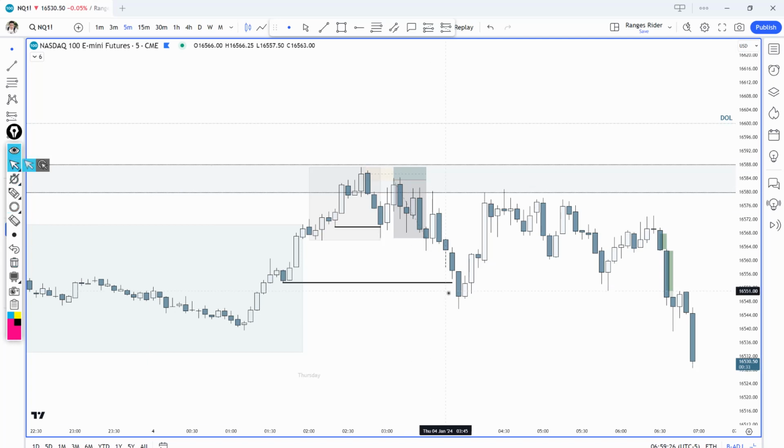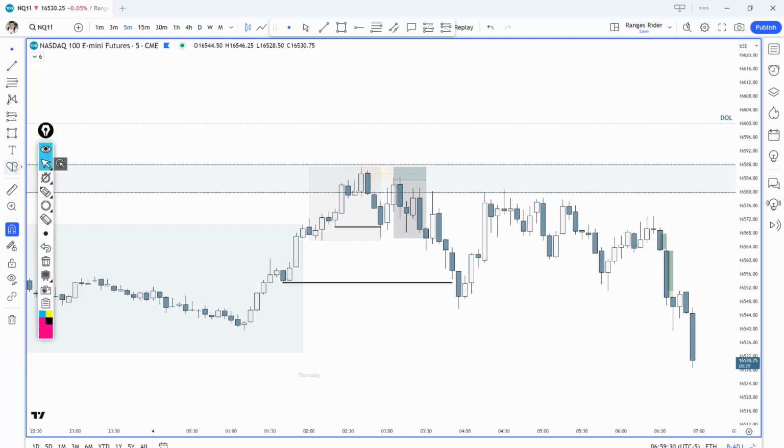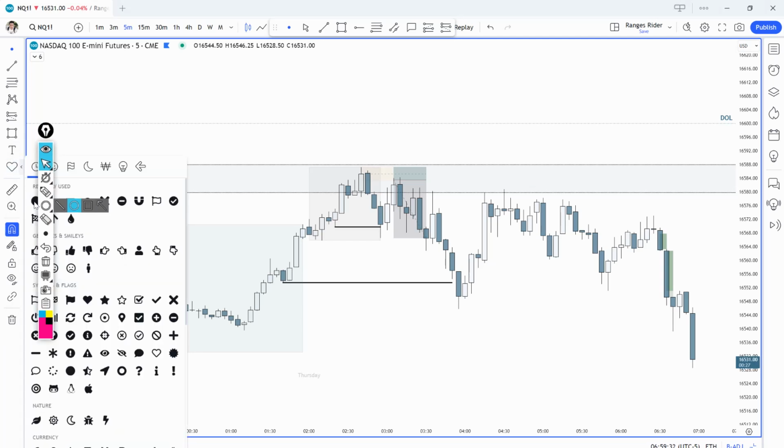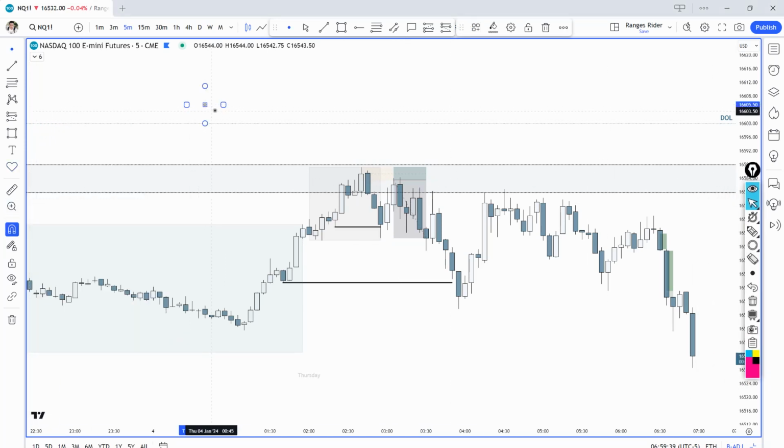So let's see. Now this is my protected high. This one. So this is my range now because this is the external range liquidity.